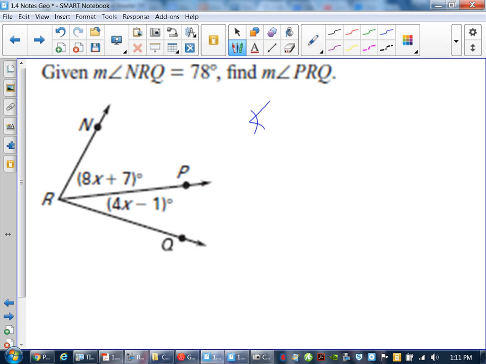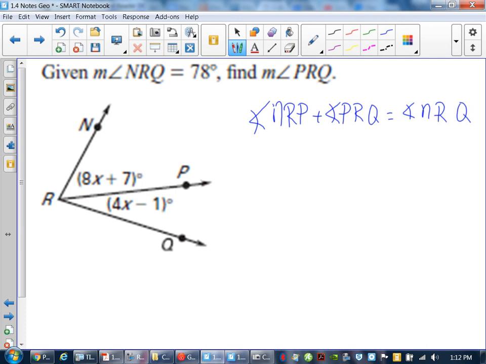So if I start by writing out my statement, I have angle NRP plus angle PRQ is angle NRQ. All right. I've never had so many kids that just want to try to pronounce all these little letters together.